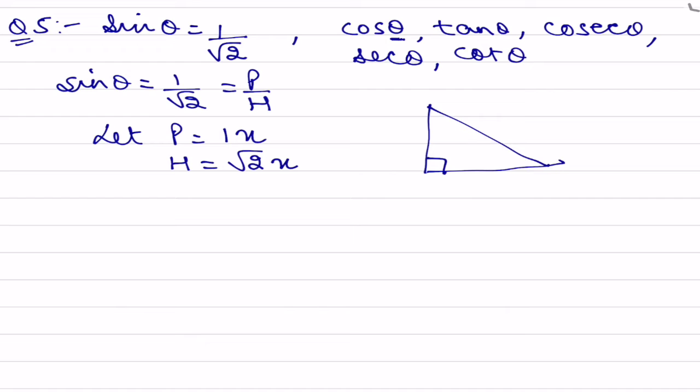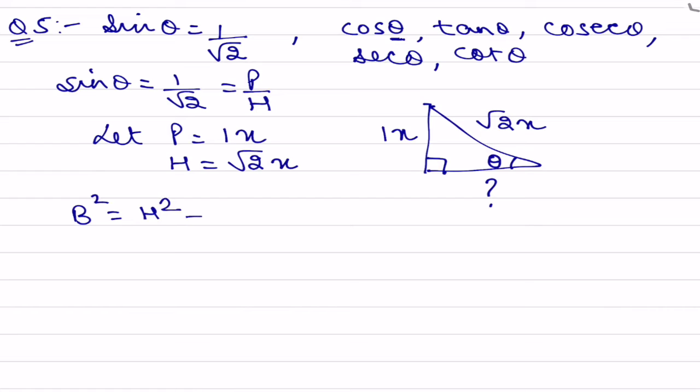So in a triangle, perpendicular is 1x, hypotenuse is root 2x and the base is to be found. And here the angle is theta. The third side we will find out with the help of Pythagoras. Base square is equal to hypotenuse square minus perpendicular square. So hypotenuse is root 2x whole square minus 1x square.